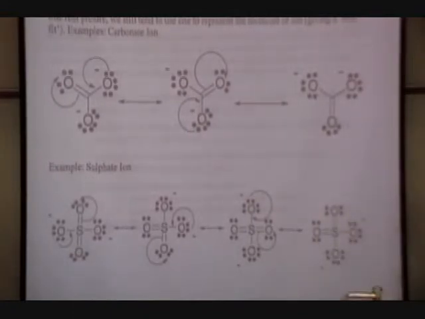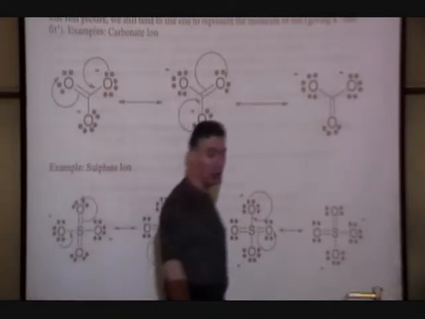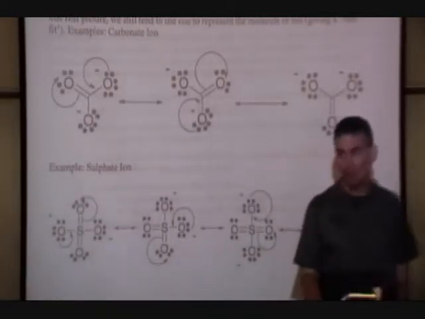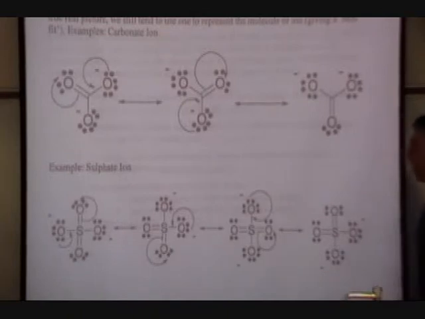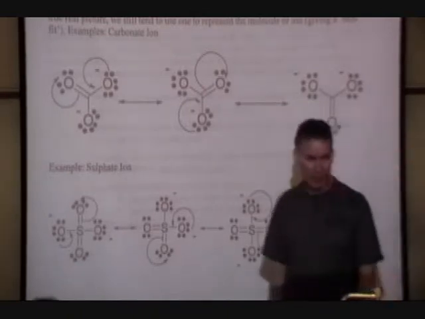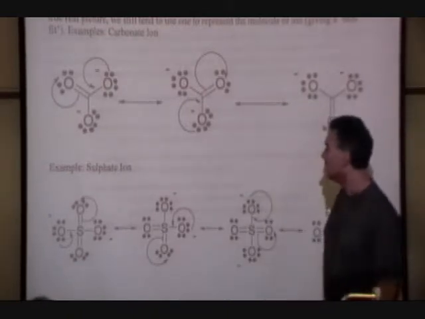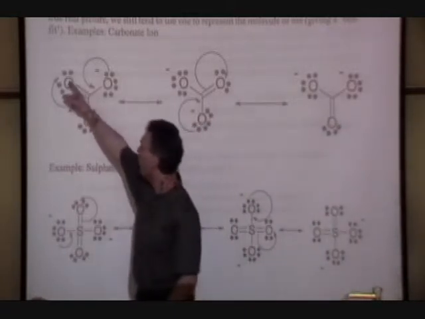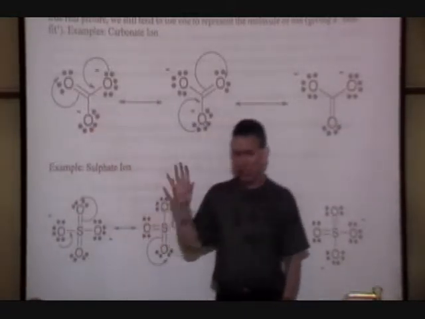There are certainly many other examples in chemistry where we really should be resorting to resonance structures. The carbonate ion, which we might have talked about either yesterday or Tuesday, is another example. All of these carbon to oxygen bonds are exactly equal in length.